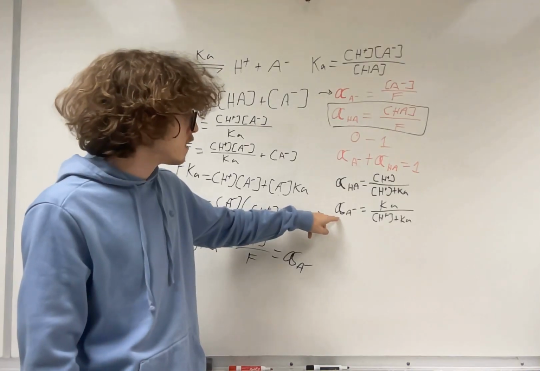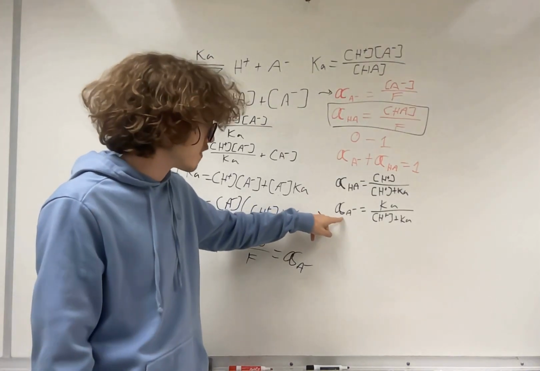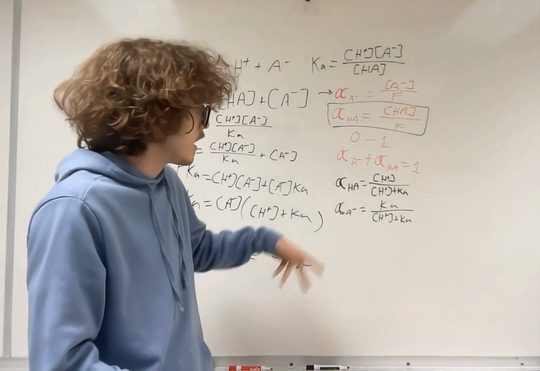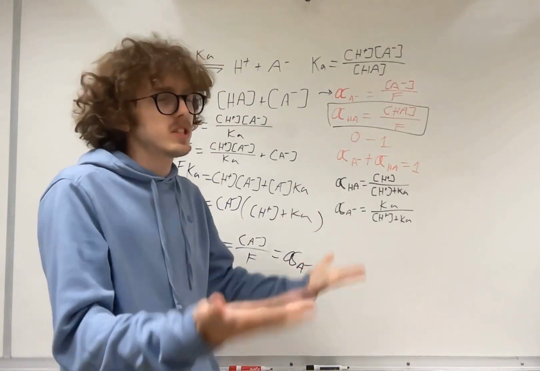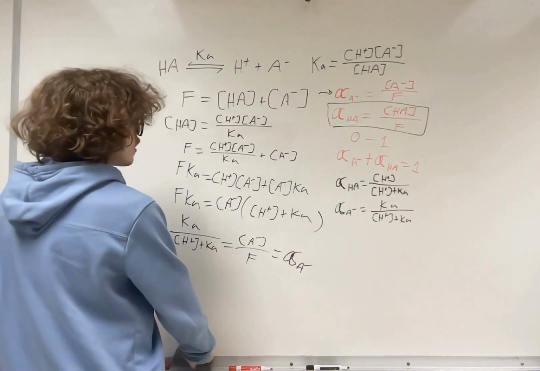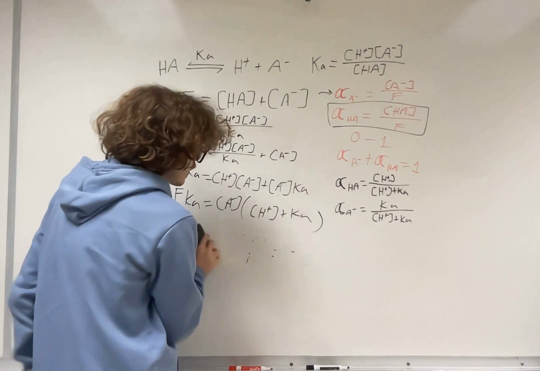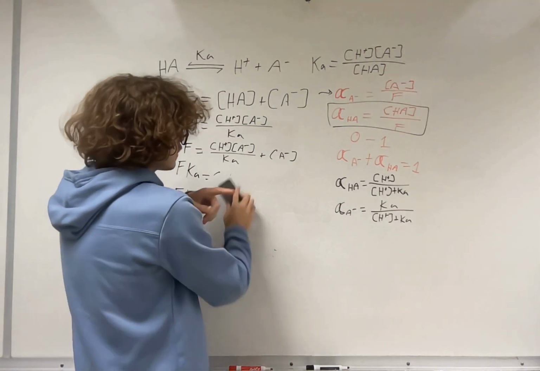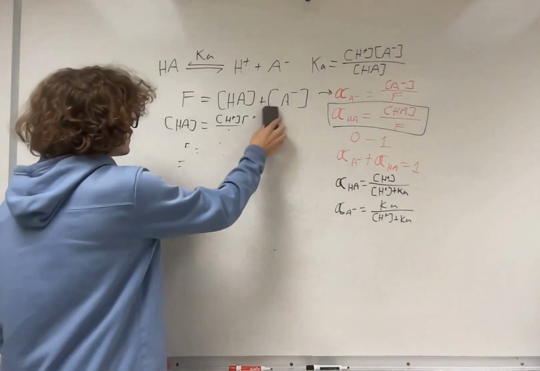And then what is the fraction of A minus, or the conjugate base, out of 1? It relates the two and tells you the rough estimate of how much I have. So I want to give you a little example of how this might be used. We're going to use these formulas to find the fractions of some acids.